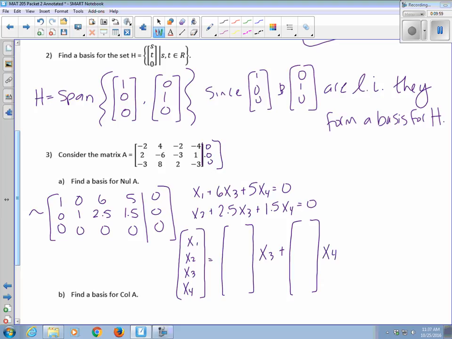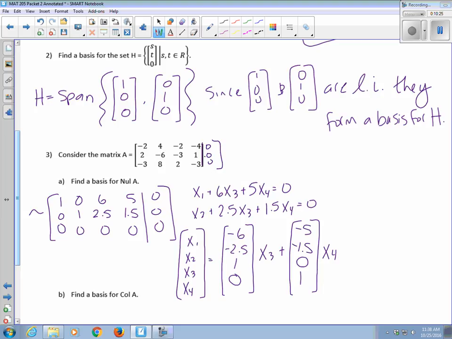So x1 is negative 6x3 minus 5x4. And x2 is negative 2.5x3 minus 1.5x4. And then x3 is free, so I put a 1 in the x3 vector and a 0 in the x4 vector. x4 is free, so its vector gets a 1 and the x3 vector gets a 0.